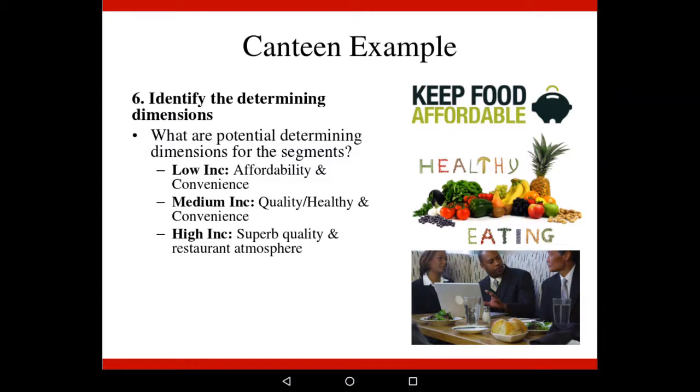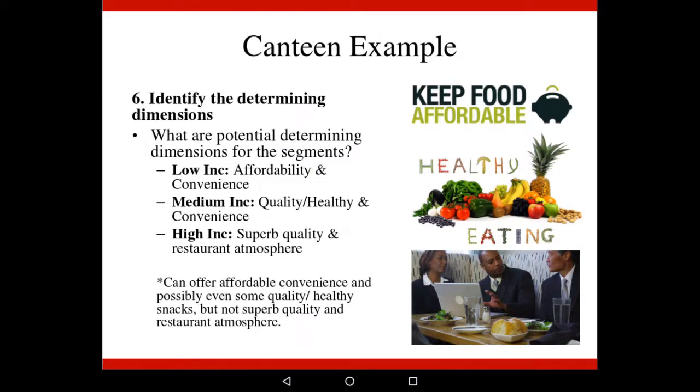But if they can't do that on campus, they'll just go off campus to do that. So in this case, we can offer affordable convenience and possibly even some quality healthy snacks, but not superb quality and restaurant atmosphere like the high income group wants.